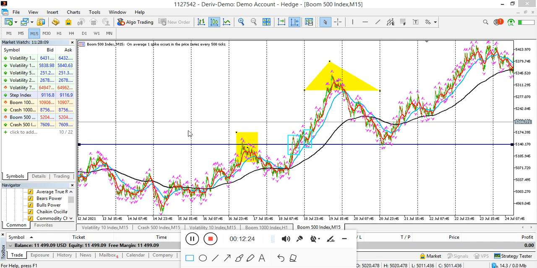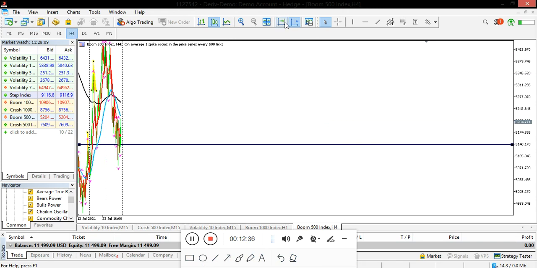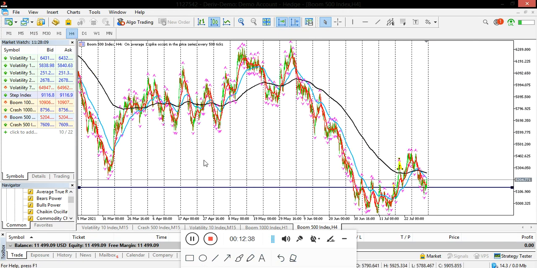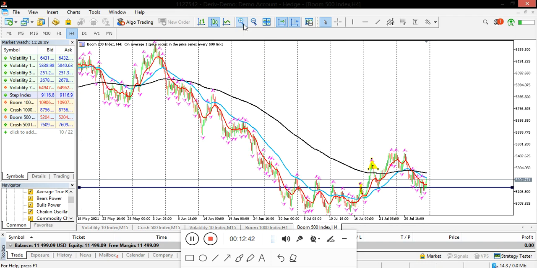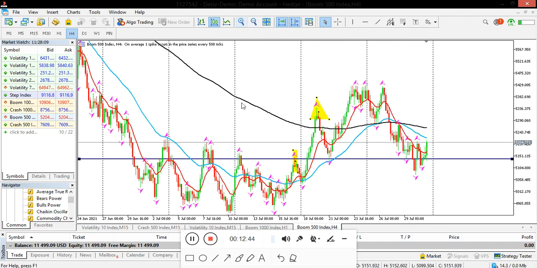Please listen, let's do another entry. Let's go to 4 hours time frame again. 4 hours time frame. Zoom it a bit out. Okay, let's go back.